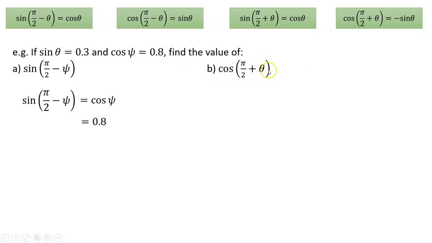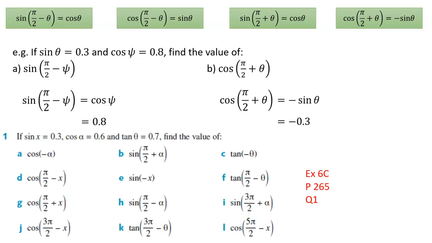Cos of pi on 2 plus theta, that's this one up here, that's equal to negative sine theta. I know that sine theta is 0.3, so negative sine theta is negative 0.3. Pause the video now while you have a go at question 1. Some of this will also draw on the work that you did in the last lesson, 6B.